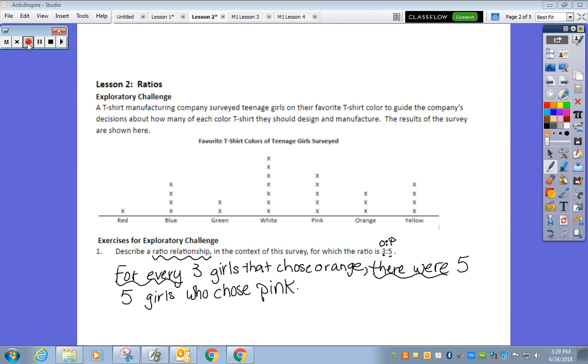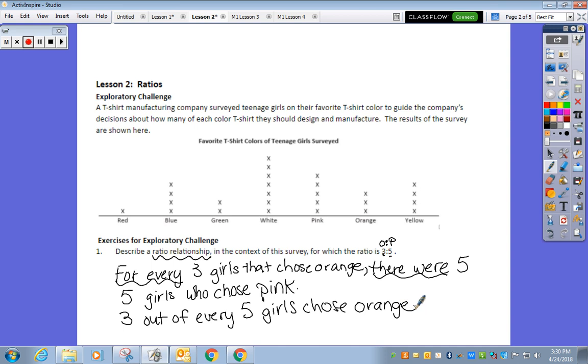If we have a total, so let's say it was 3 to 5 and 5 was a total number, we would word it differently. I just want to show you this. I know it's not specific to this problem, but if it was 3 orange and 5 total people, or 3 that chose orange and 5 that were in the survey total, we would word that as 3 out of every 5 girls chose orange.